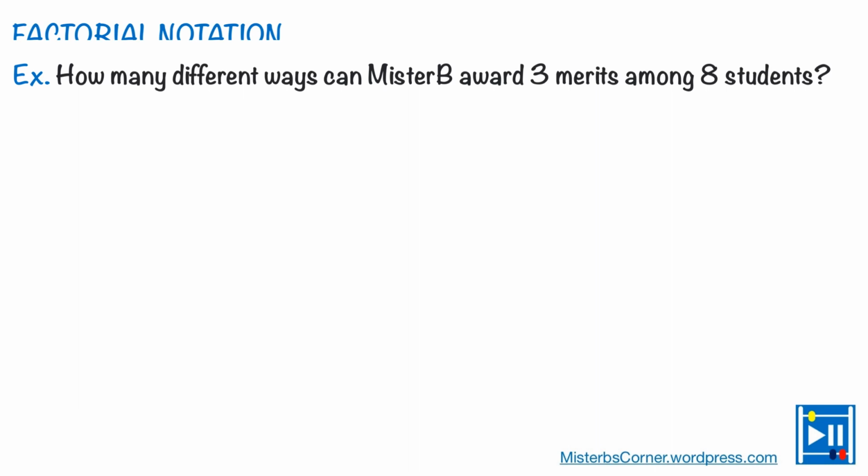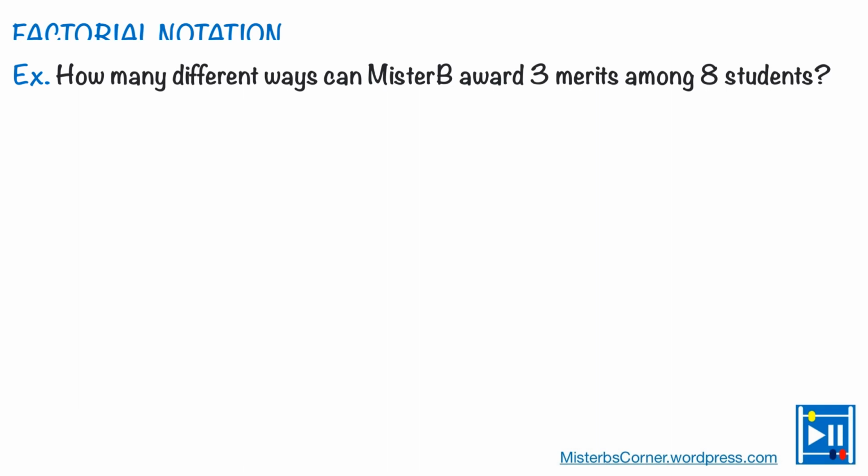I can pick any 3 students and give them merits and everybody will be happy. Nobody will be disappointed because they were chosen second or third, because I'm giving the same award to 3 people. Now, the idea that the order is not important changes the calculation slightly.